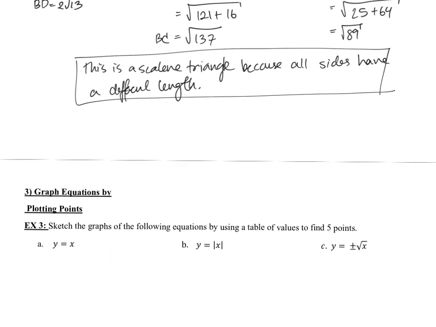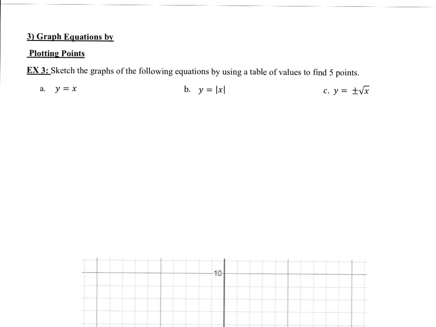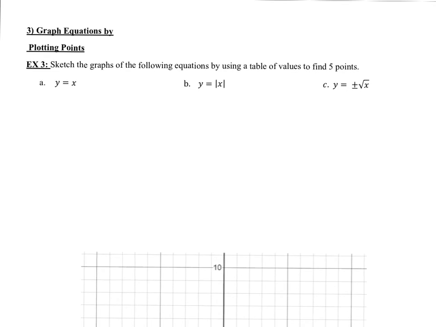All right, let's take a look at Objective 3, graph equations by plotting points. Let's go ahead and sketch the graphs of the following equations by using a table of values to find 5 points for each one. So what I'm going to do, I'm going to set this up with the same generic 5 points, and we'll compare the answers for each of them. So this is what a table of values kind of looks like.